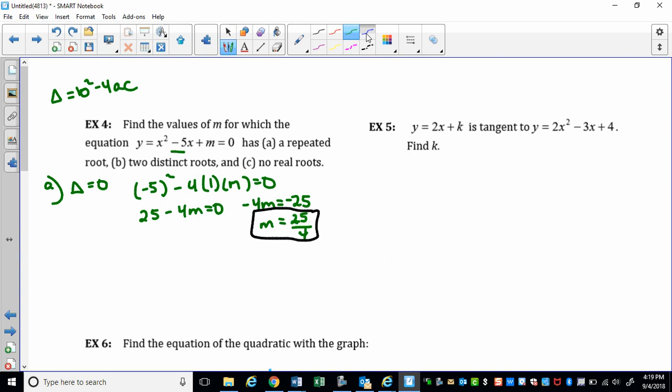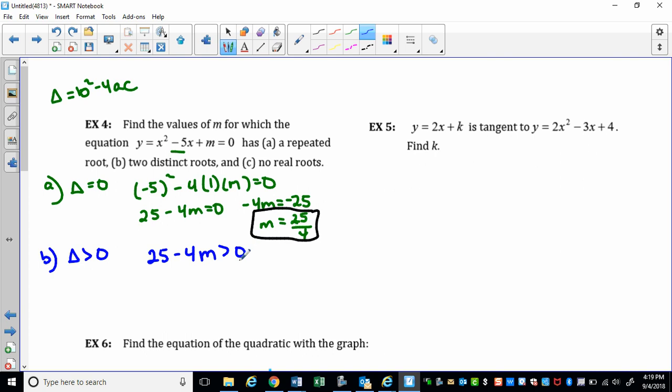Let's try b. b is when we want 2 distinct roots. So that's when our discriminant is greater than 0. Whenever my discriminant is greater than 0, well, let's figure that out, but this should be pretty easy. That's when negative 5 squared minus 4ac, right? So 25 minus 4m is greater than 0.